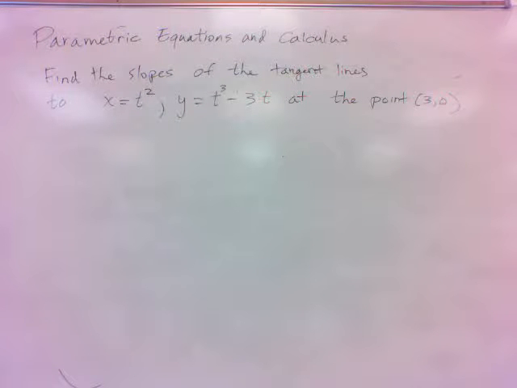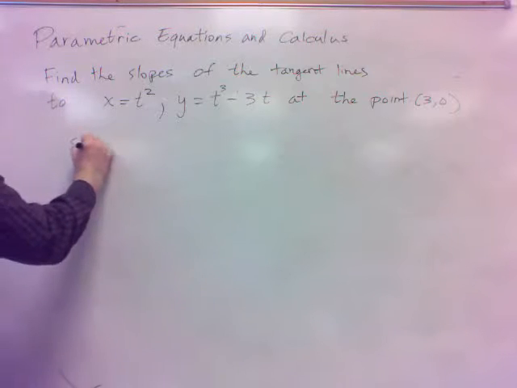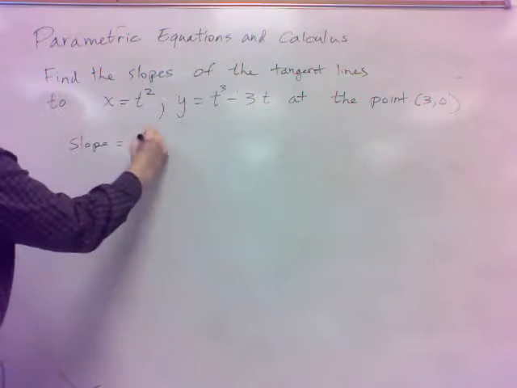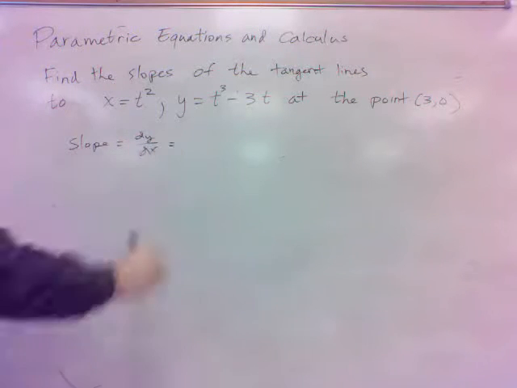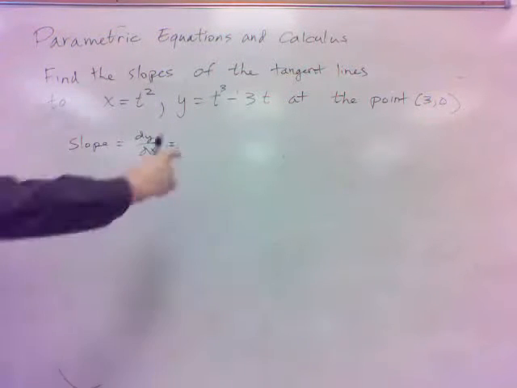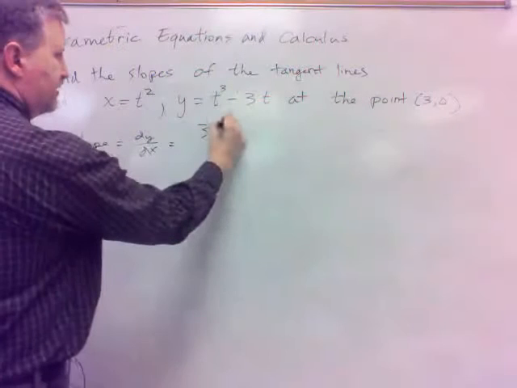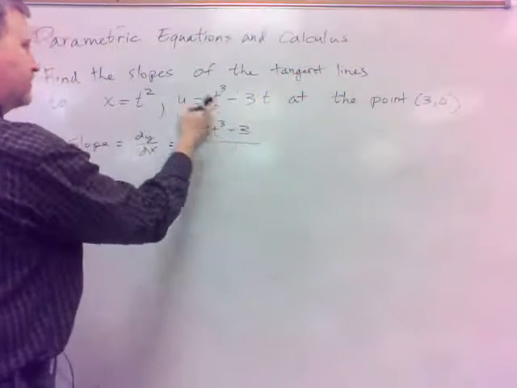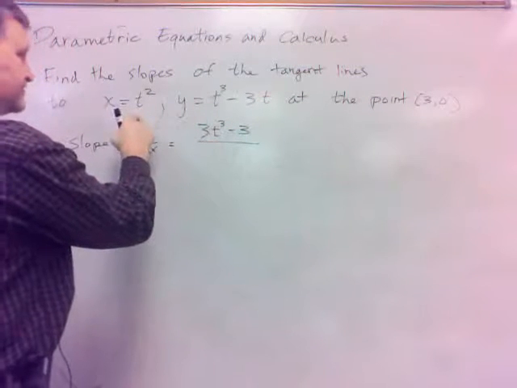Well, obviously we start. Our slope is dy/dx. But in this case, how do I get dy/dx? Well, to get dy/dx in this case, I do the derivative of y, which would be 3t squared minus 3, over the derivative of the x, which is 2t.